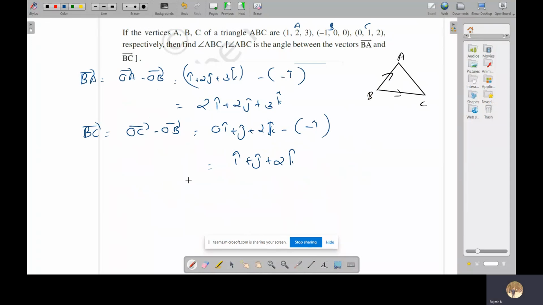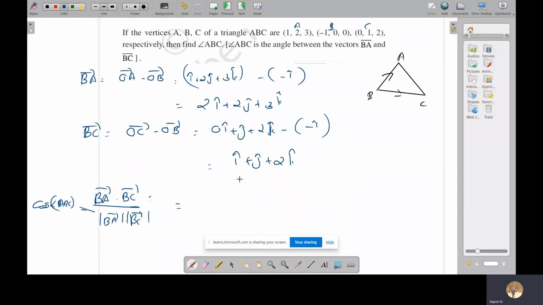What you have to find out? BA dot BC. So you have to find cos of the angle. Cos of angle ABC is equal to BA dot BC by modulus BA into modulus BC.